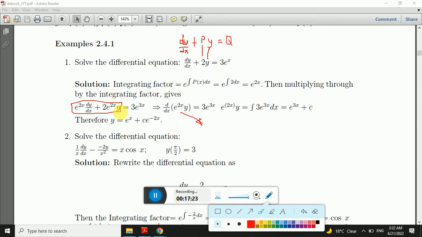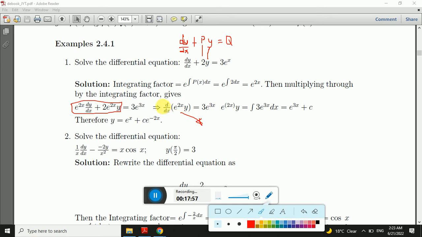But with practice, you can easily guess the function that was differentiated. After identifying it, we write it. That's why you have d dx of e to power 2x y, which now represents the left hand side, equal to 3e to power 3x.